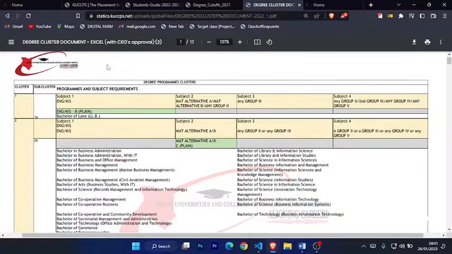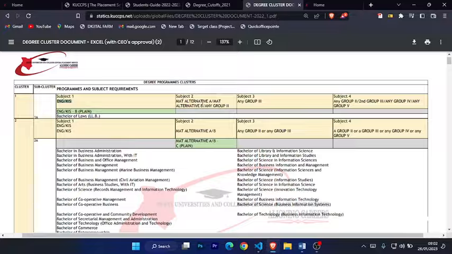So here you will be able to see the main subjects that are needed. For cluster 1, you can see here it's cluster 1, subjects needed. The first subject needed is either English or Swahili. You have to get a B plain for you to be able to apply. The bachelor's degree under cluster 1 is bachelor's degrees in law.